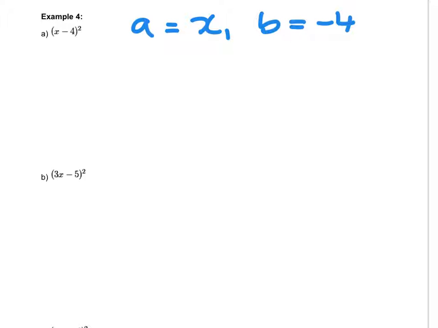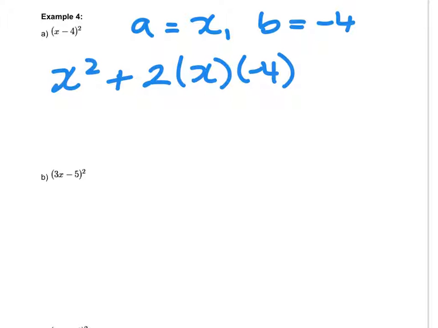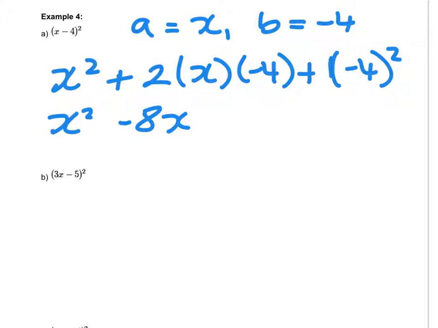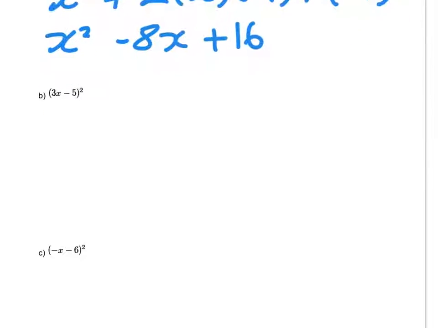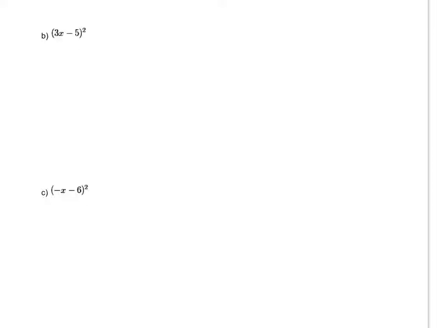So our pattern tells you it's a squared, which means x squared, plus 2ab, plus 2 times x times minus 4, plus b squared, and b is minus 4 squared. Okay, so it's x squared minus 8x, because 2 times x times minus 4 is minus 8x, plus 16. That's our answer. Expanding it normally will also give that, so you can do as you choose.